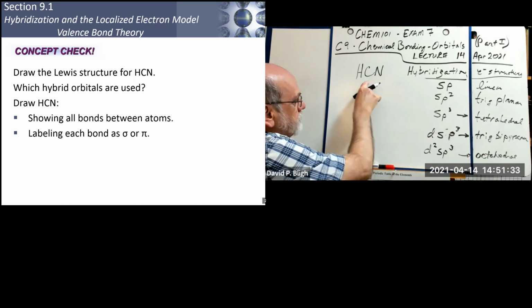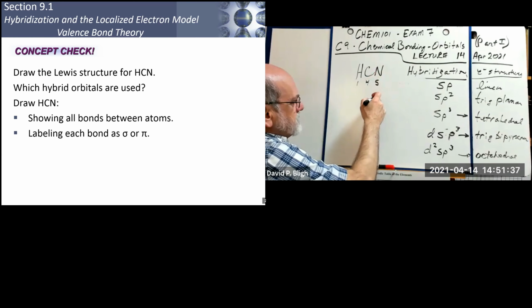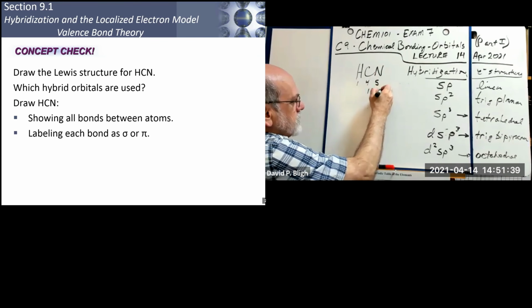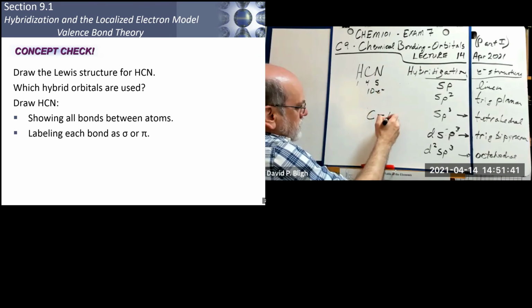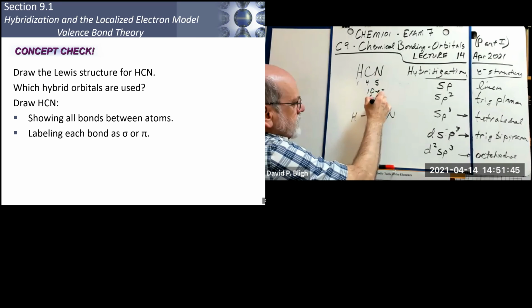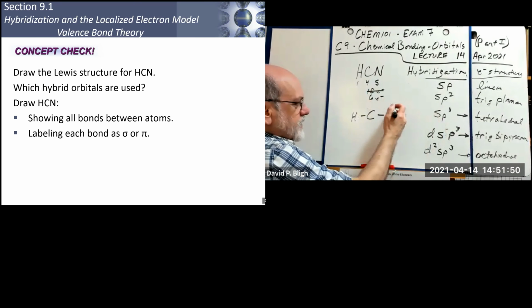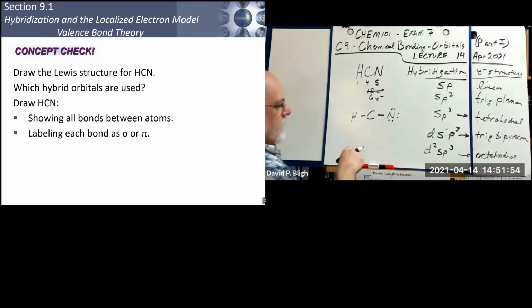We got a 1 here, 4 there, and 5 there, so that's 10 electrons. We got a carbon, nitrogen, hydrogen, 2, 4. So that means 6 electrons left. So where are we going to put them? Well, we start from the outside and work our way in. There. There. Hydrogen can't take any more, so we put them all on nitrogen.